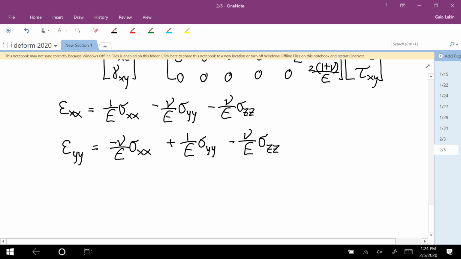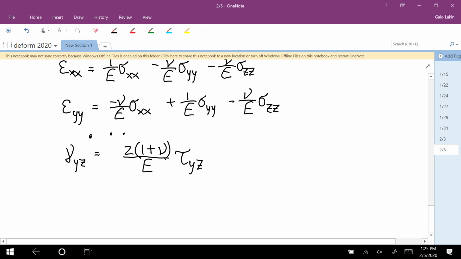And you get a similar thing for the Z. And then once you get down to the shear strains, the relationship is the YZ shear strain is equal to 2 times the quantity 1 plus nu over E times the YZ shear stress. And then that relationship sort of holds for the next two.